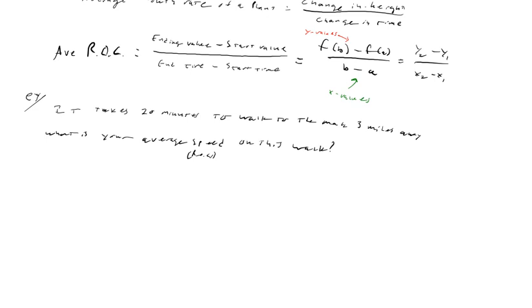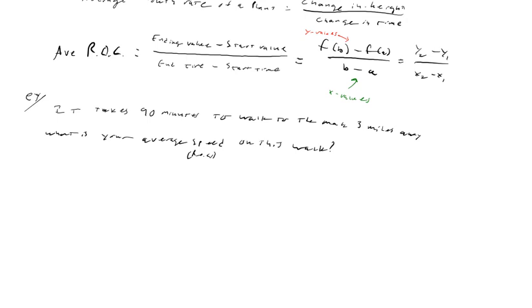No. 20 minutes? Well, okay, fine. Maybe more than 20 minutes. Say, what, hour and a half? 90 minutes? 90-minute walk? Sure. Doesn't matter the time. Let's just use your imagination. So, if this is our situation, 90 minutes to walk 3 miles, what is our average speed on this walk? Our average rate of change.